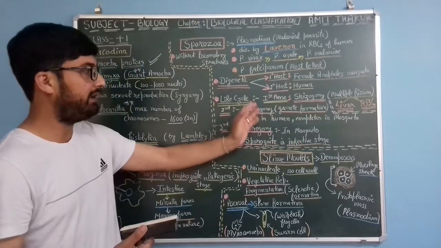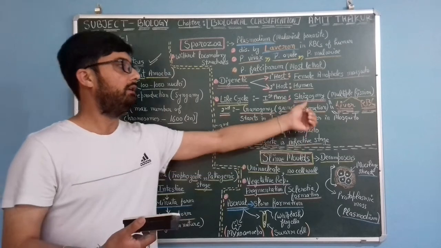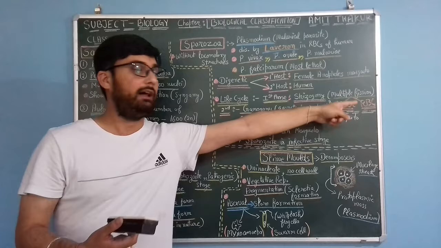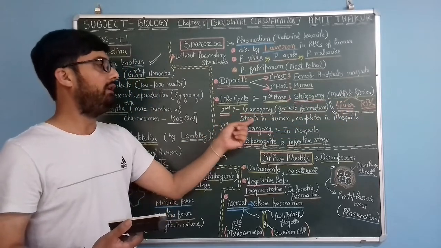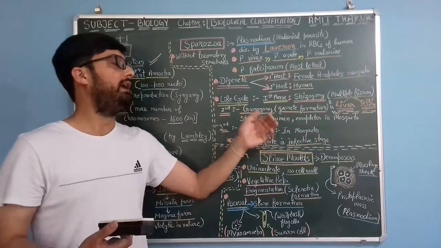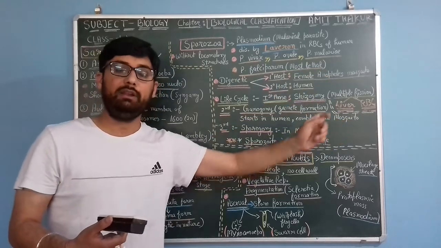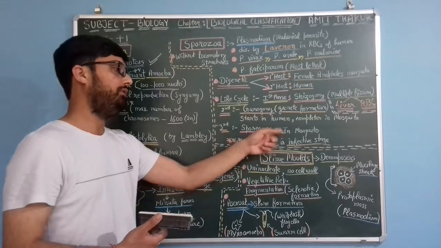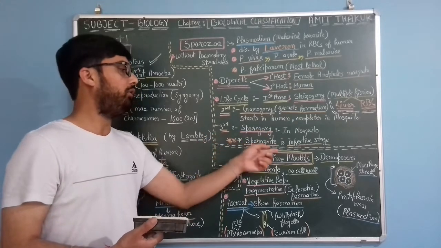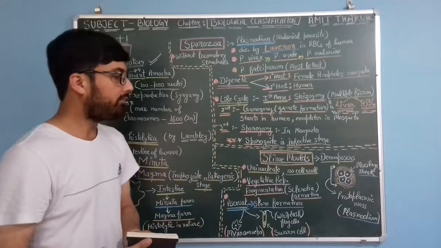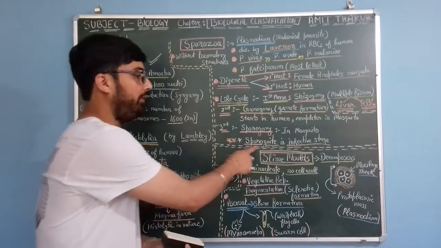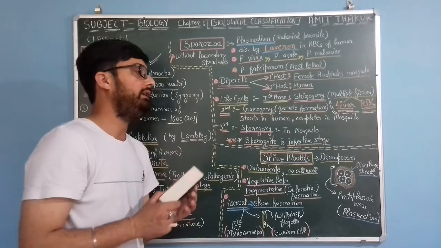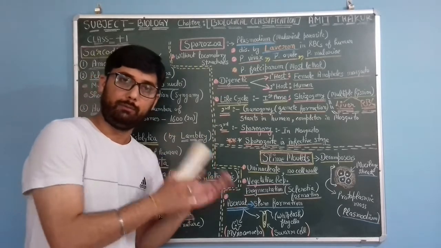So it completes its life cycle in three phases: schizogony, which occurs in the human being, in liver cells and RBCs. Second is gamogony, one half in the human being and the second half completed in the mosquito. Third is sporogony, which occurs in the mosquito, where the sporozoite, the infective form, starts to form and reaches the salivary glands of the female Anopheles.